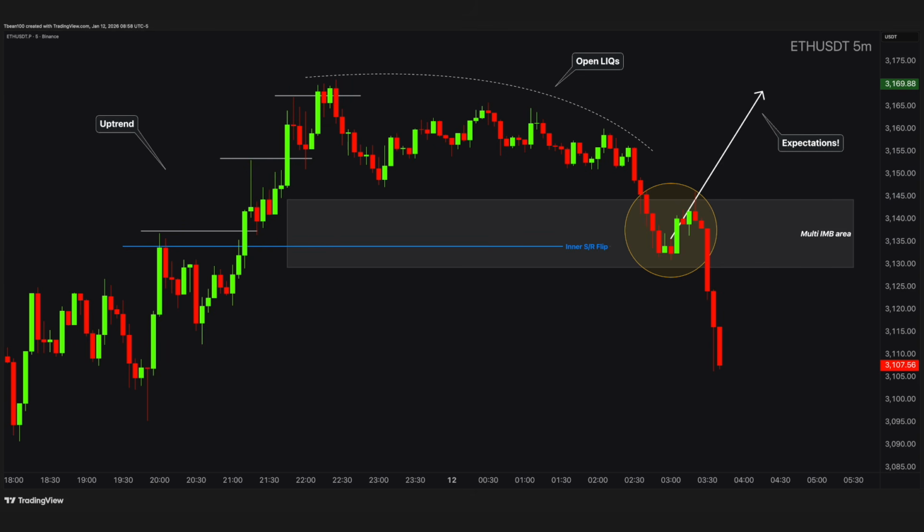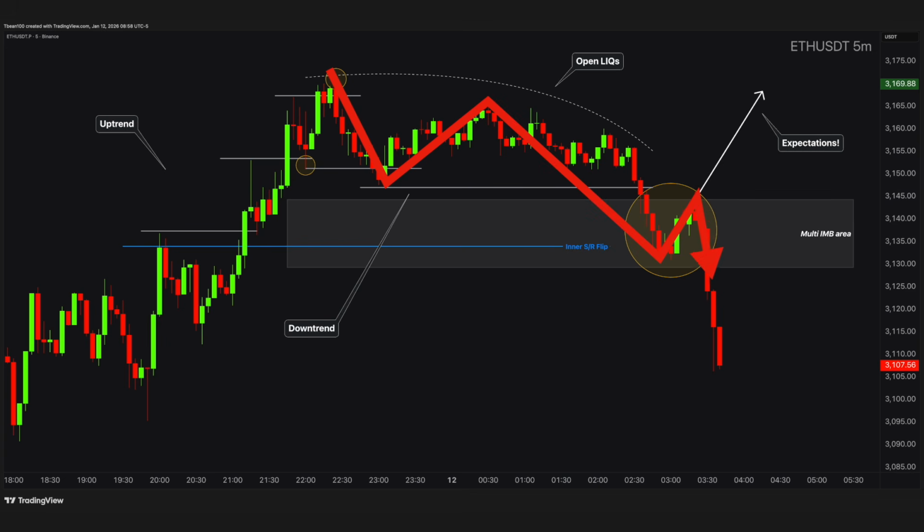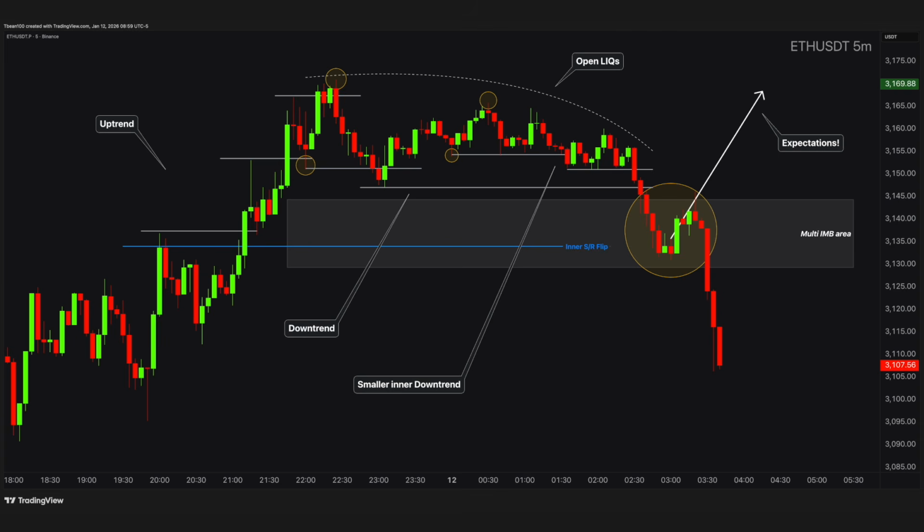Then that inner trend structure completely shifted and changed into a clear downtrend. You can also look at the smaller inner trends if you want to, which keep making lower lows and getting crushed. So when I look at this 5-minute chart, everything I see is telling me that the low time frame uptrend is broken here.